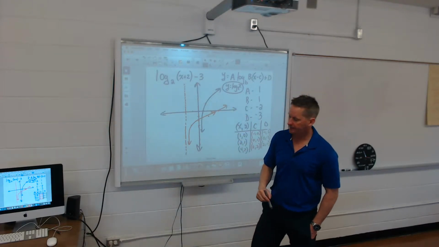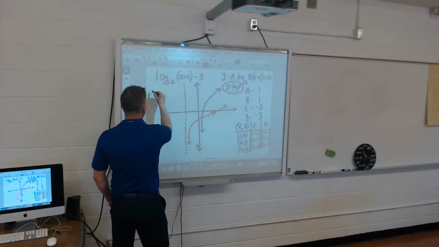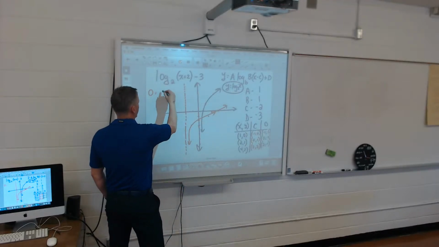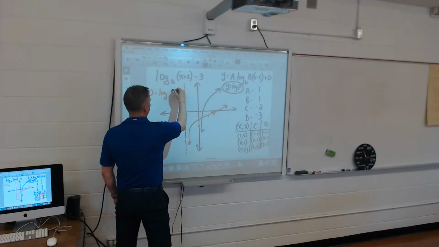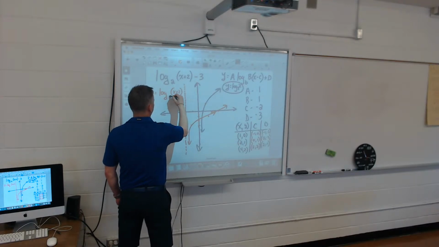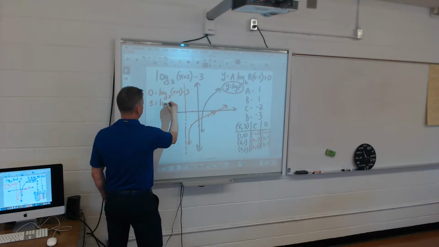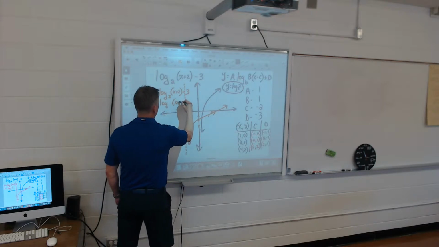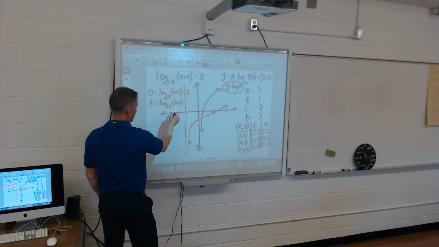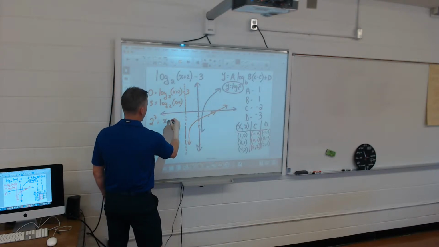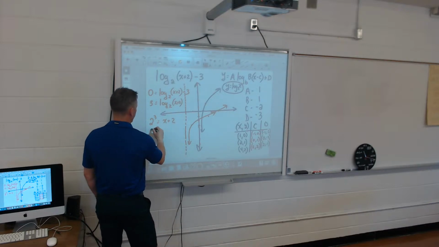To get that, I made y 0, and I got the log of x plus 2, base 2, subtract 3. I add 3. I change to exponential, so that's 2 cubed equals x plus 2. That's 8.